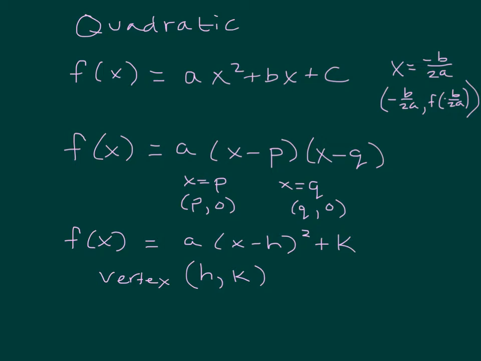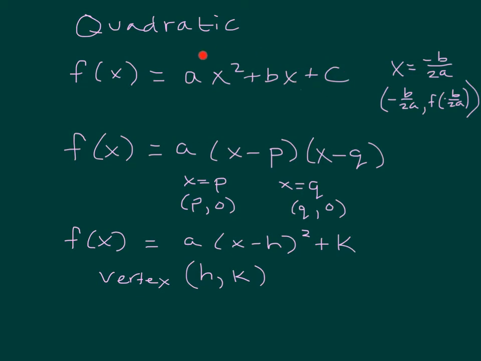So these are our three forms. They're all useful in different ways. We really can't do all that much with the main one just by looking at it. We can do a lot with it using the quadratic formula or using this formula for our vertex, but just looking at it, all we can really tell is whether this quadratic opens up or down based on positive or negative, and we can see the y-intercept right here, okay?